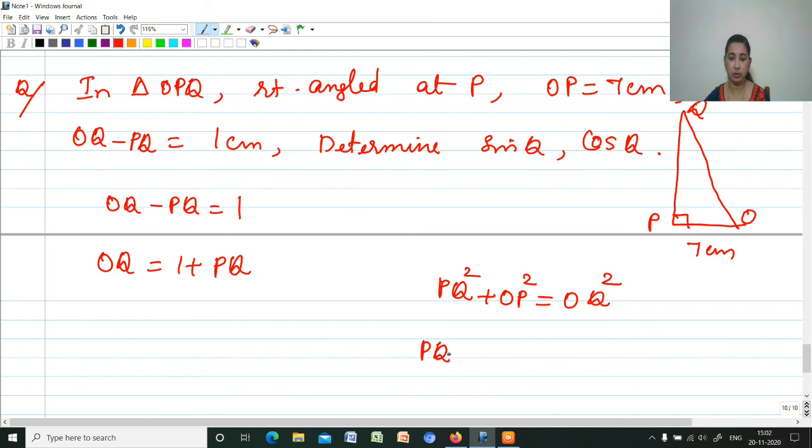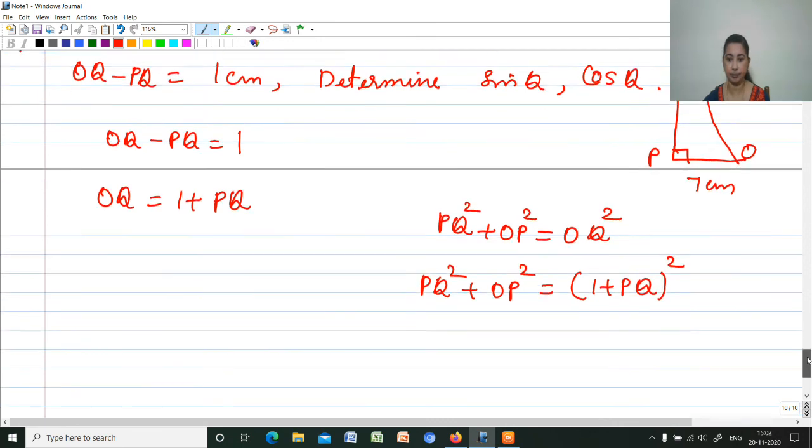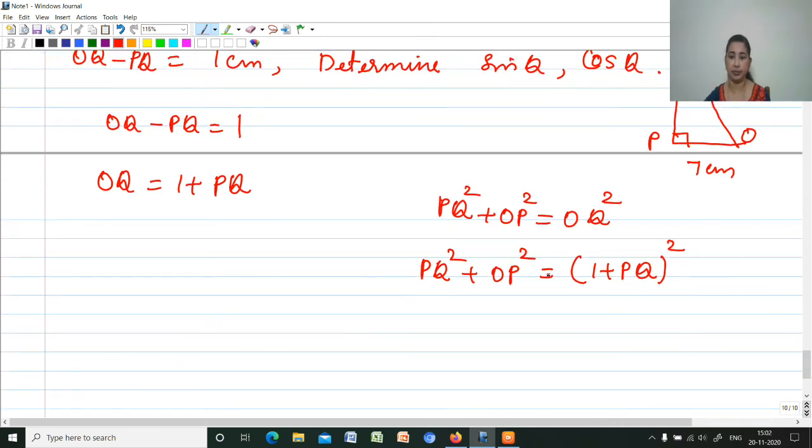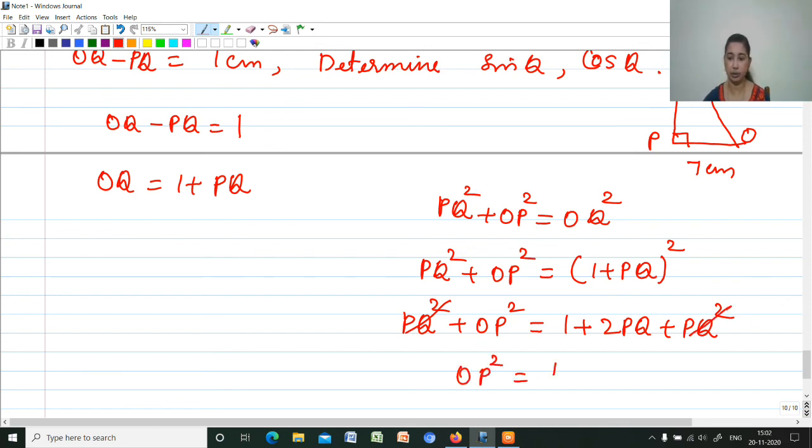So PQ square plus OP square is equal to, instead of OQ, 1 plus PQ whole square. Expanding, PQ square plus OP square is equal to 1 plus 2PQ plus PQ square. PQ square getting cancelled, we are getting OP square is equal to 1 plus 2PQ.